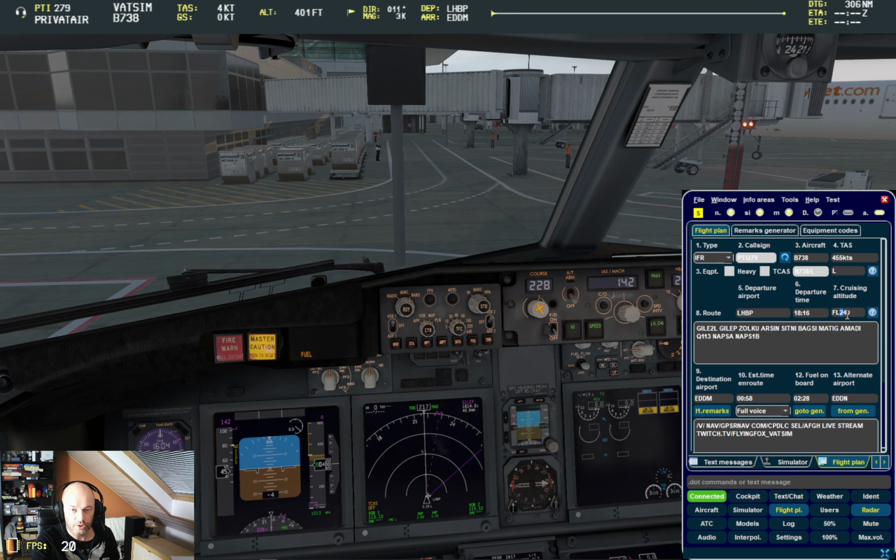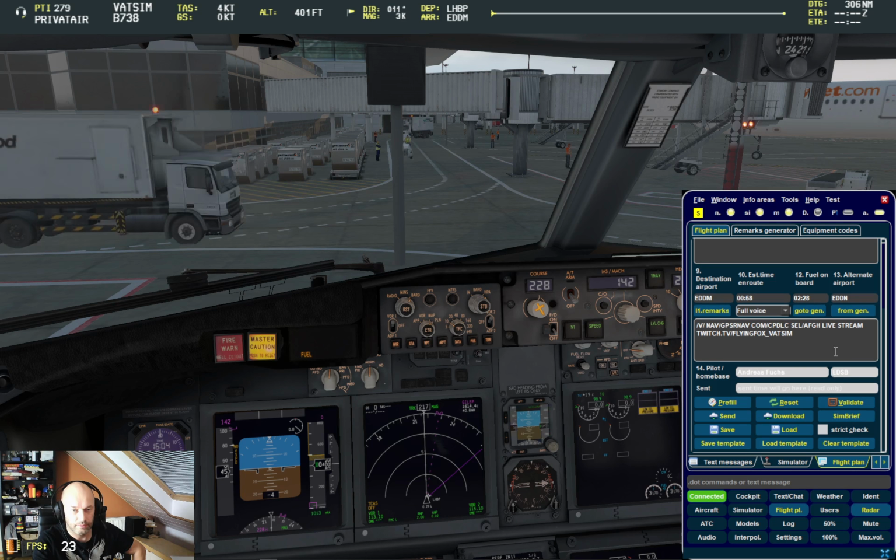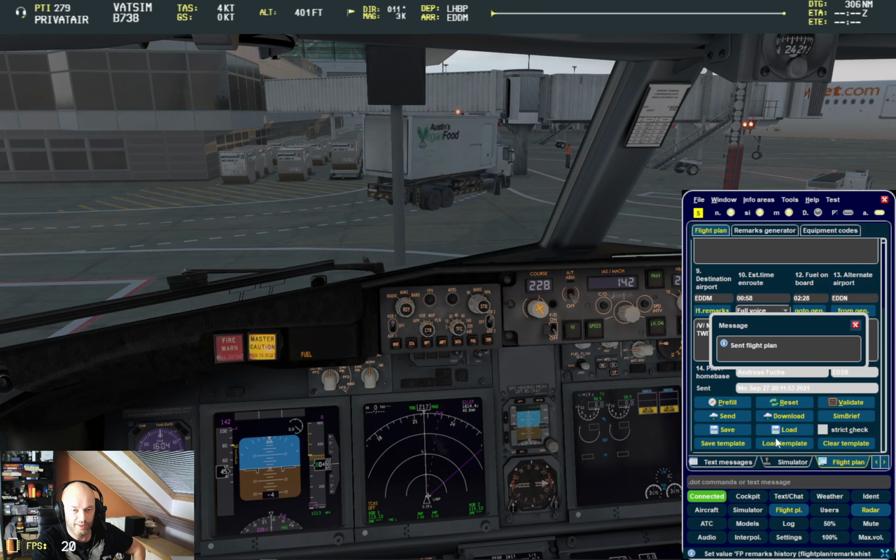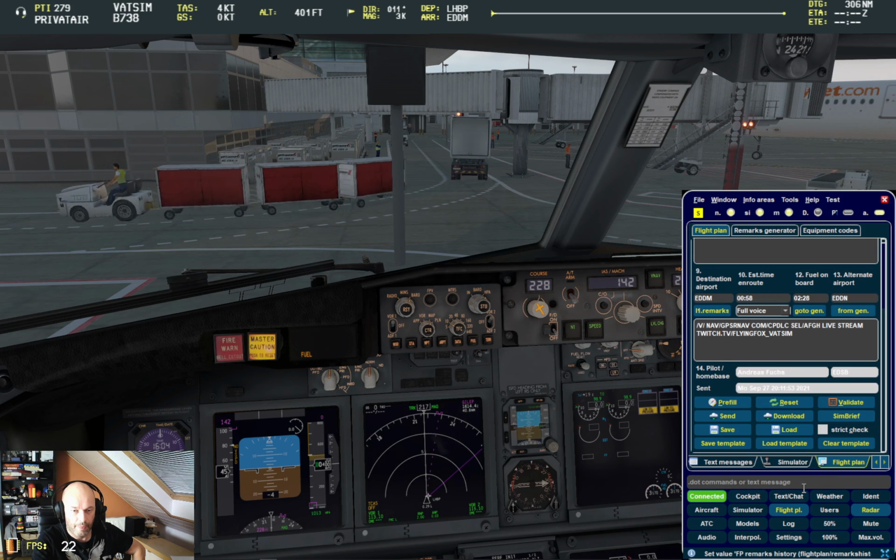I will change the requested cruising altitude here to level 340 right away, because the ATC flight plan does not show the step. Fueling is finished. So I will just request level 340 here, and that's it. So everything is good, so we can send the flight plan, it's done.